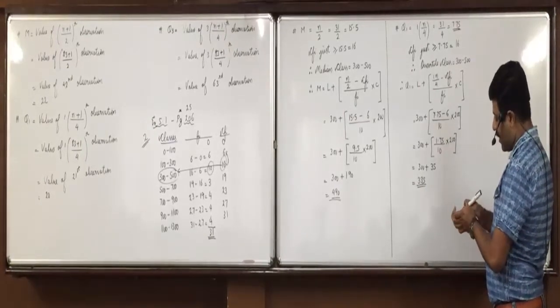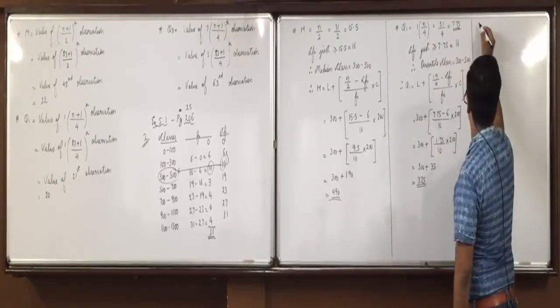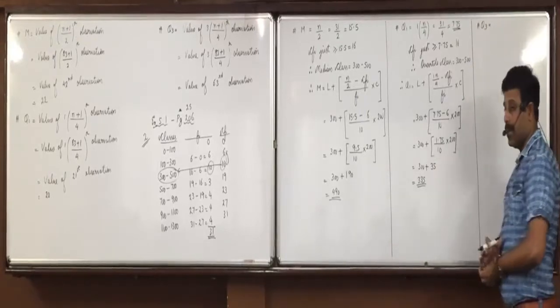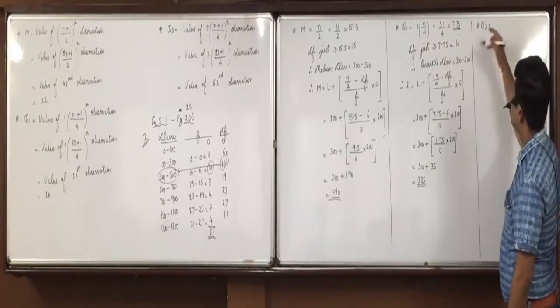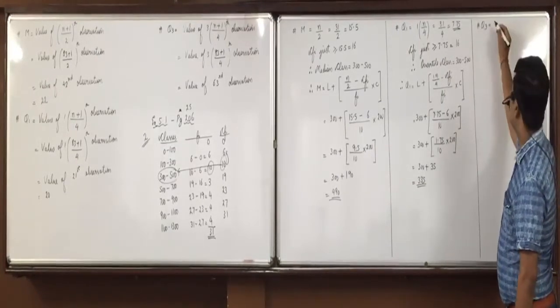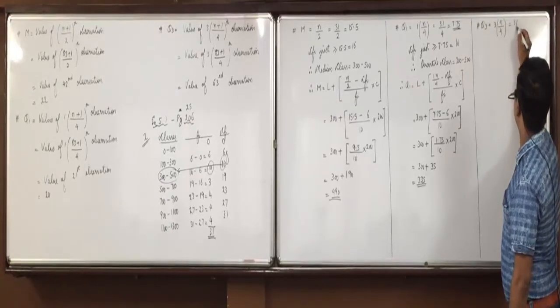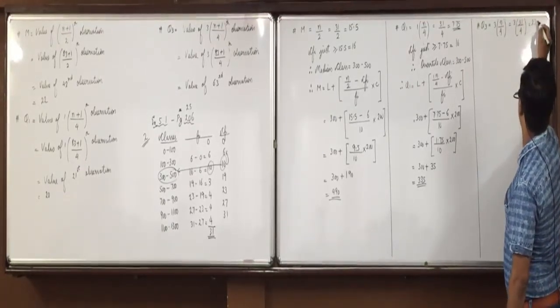And exactly same way we'll find Q3. Now what will be the first step for Q3? Instead of 1n by 4, 3n by 4. 3 into 31 by 4. Is it 23.25?